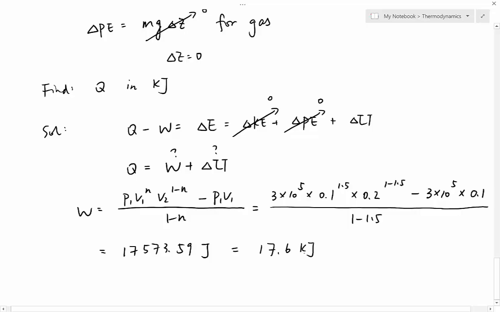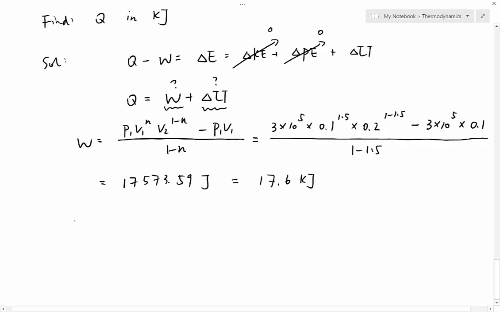All right, so now we have the first one on the right-hand side, W, solved. And next, we look for delta capital U. Let's recall the relation between capital U and lowercase u. The definition of lowercase u is capital U divided by mass, so we can rewrite capital U as mass times lowercase u.